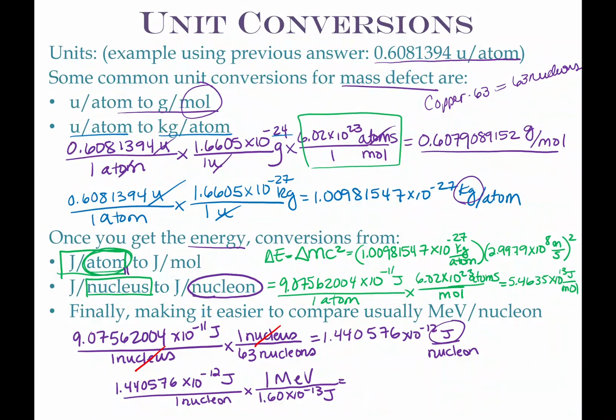So we're going to divide the 1.440576 times 10 to the negative 12th by 1.60 times 10 to the negative 13th, and we get 9.003599131 MeV per nucleon. So for copper 63, we're going to end up with 9 MeV per nucleon, essentially.